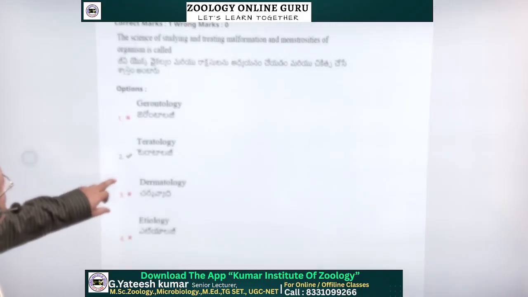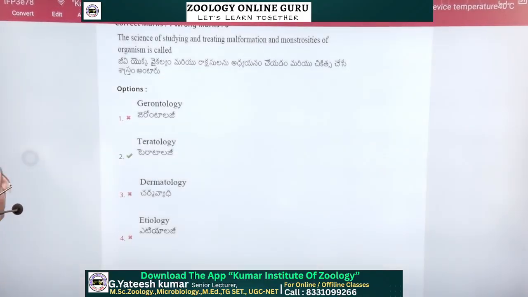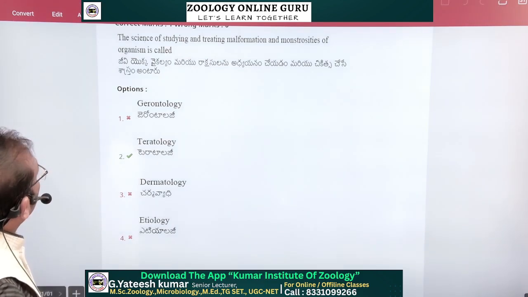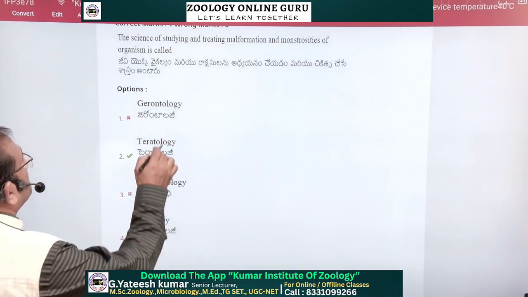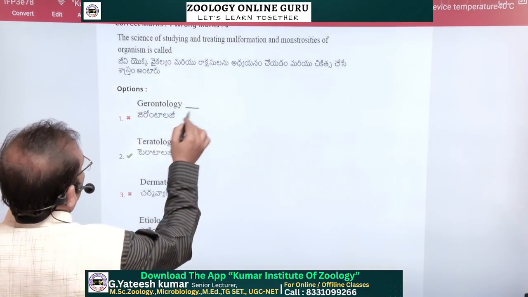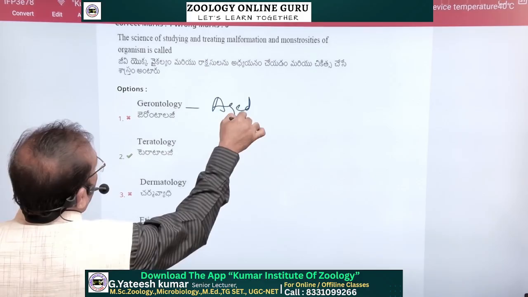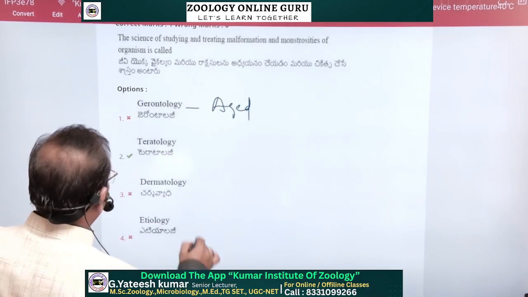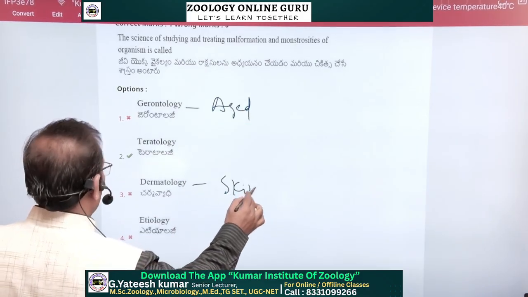Next one, the science of studying and treating the malformation and monstrosities of organisms is called what? Okay, this is a different one. We know about gerontology, becoming old or aged, that is called gerontology. Dermatology, skin, we know.